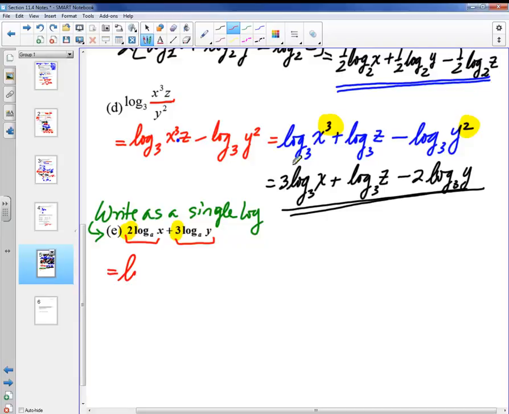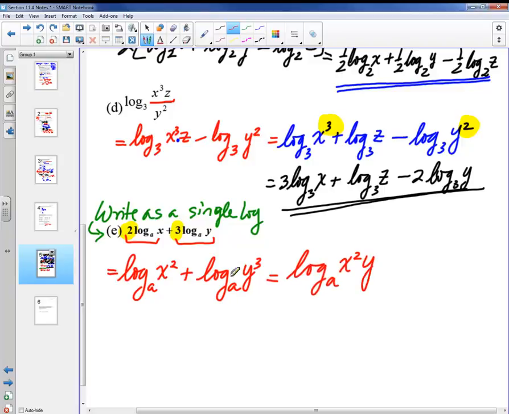So that becomes log base a of x squared plus log base a of y cubed. Now the operation between them is that plus, so that becomes log base a of multiplication, and that will be x squared times y cubed.